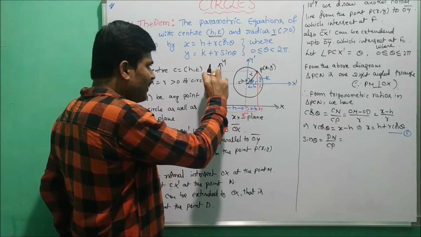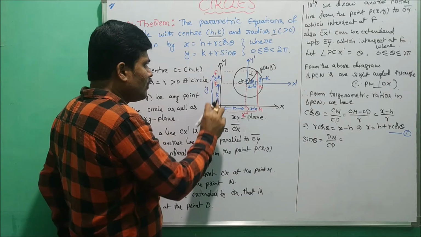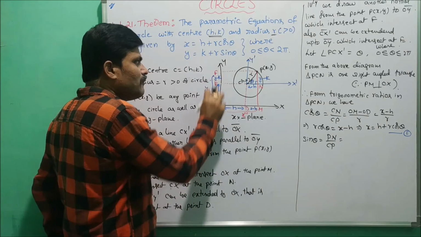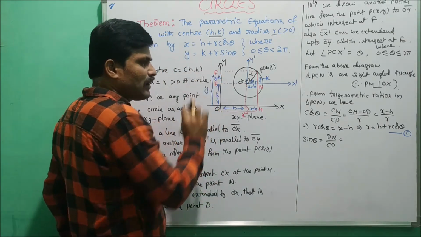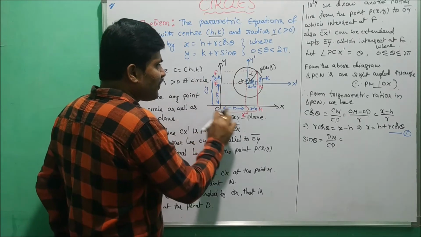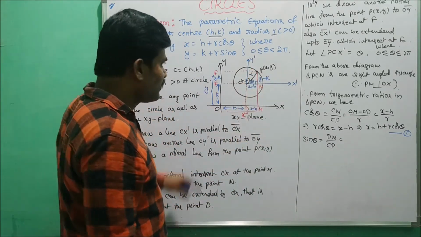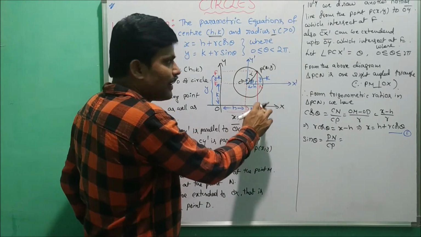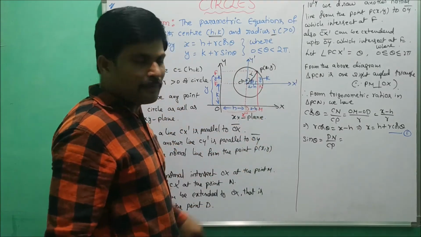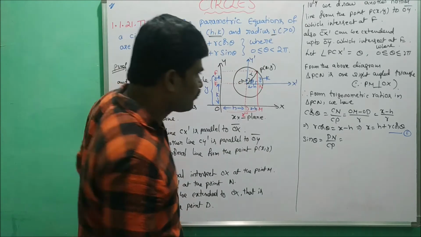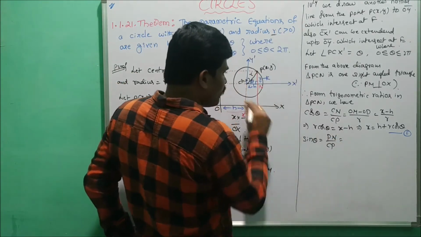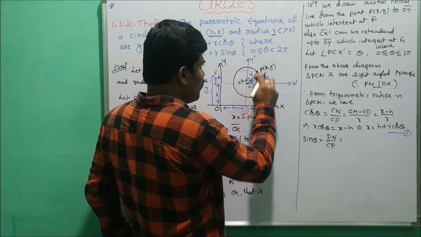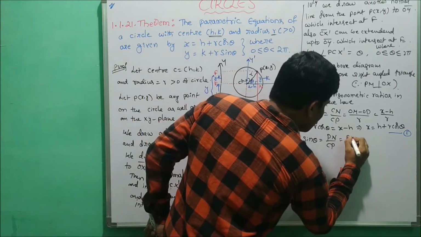So FE is obtained by subtracting OE from OF. Clearly OF is equal to PM, that means subtract NM from PM. So here we write PN equals PM minus NM.